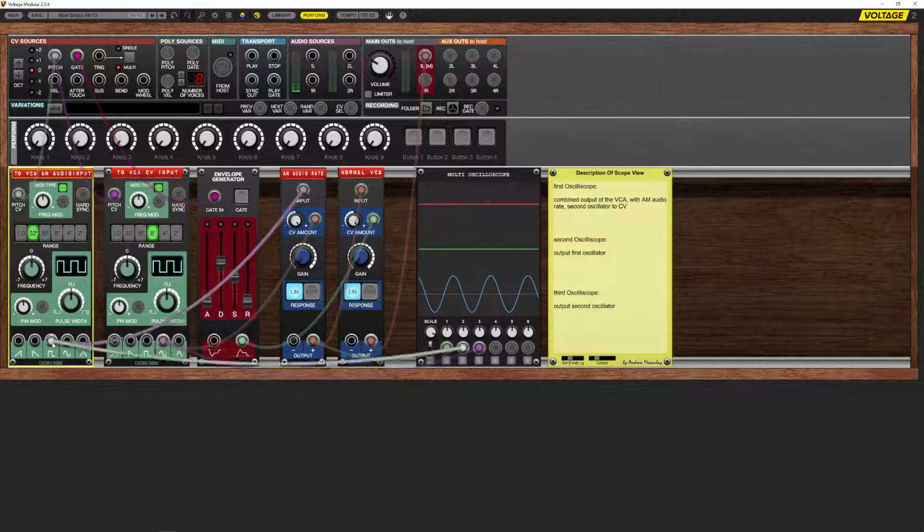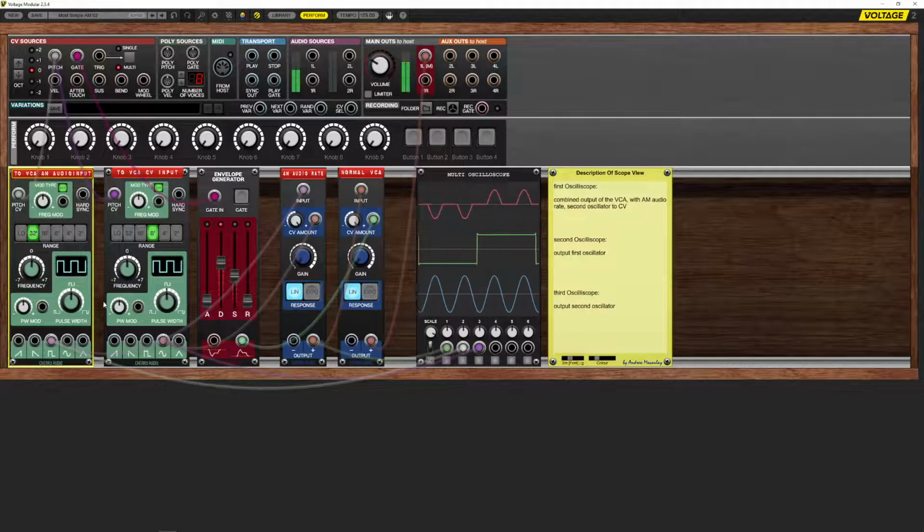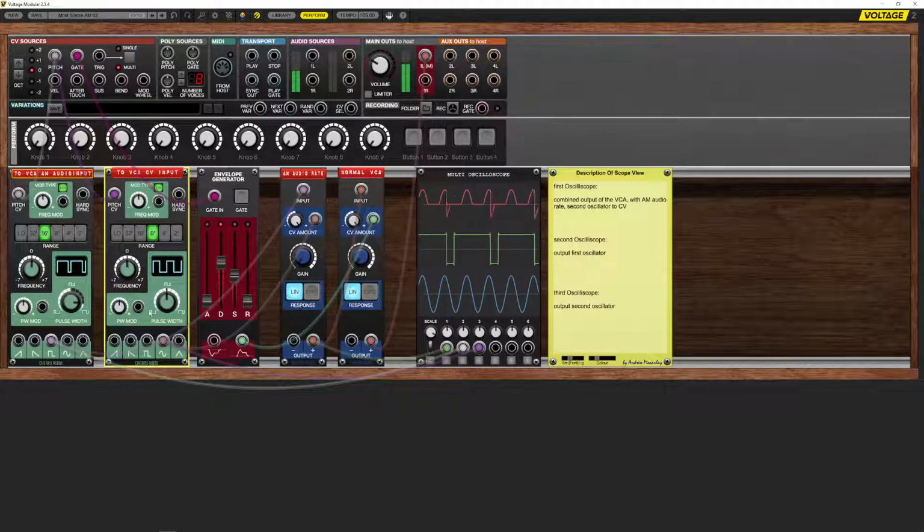Now we try something else. Hard sync into a sine. That is not a way.